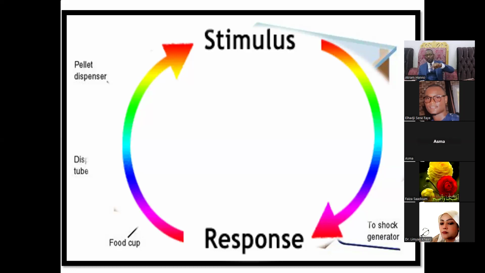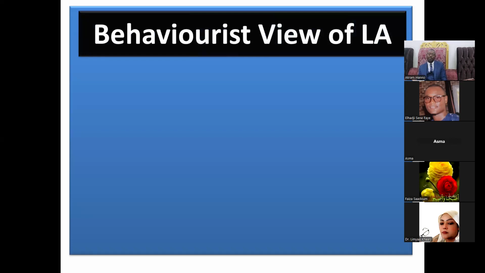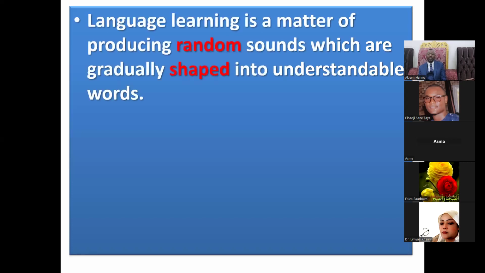The idea is between stimulus and response. If there is a stimulus and a goal, there will be a response for that. So this is the behaviorist view of language acquisition. Language learning is a matter of producing random sounds which are gradually shaped into understandable words. So let's look at the words random and shaped.